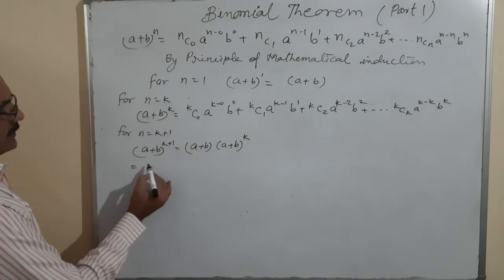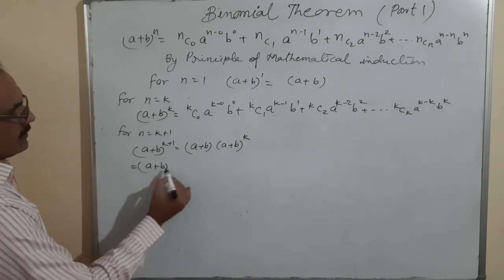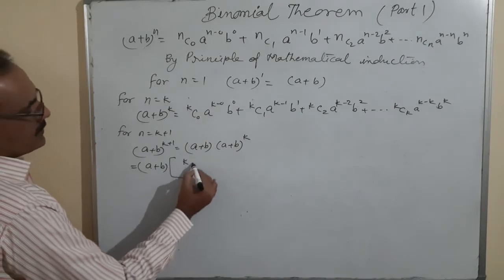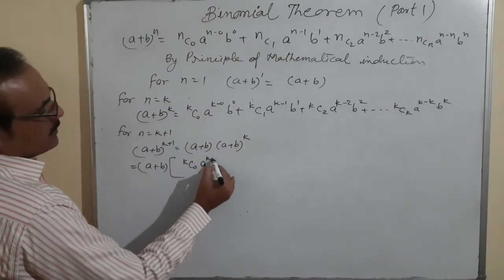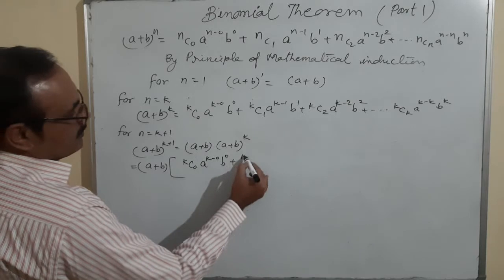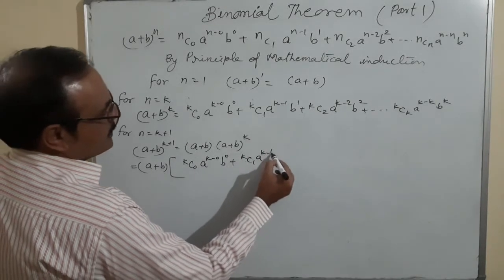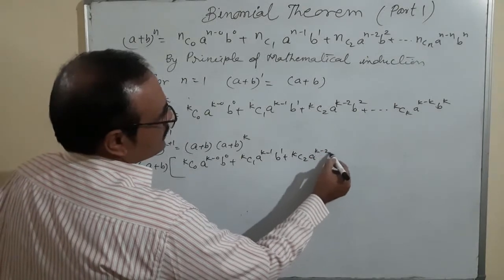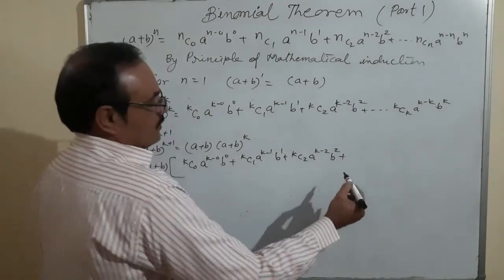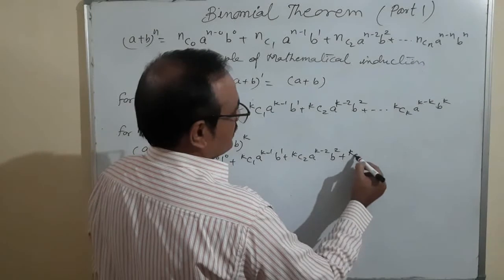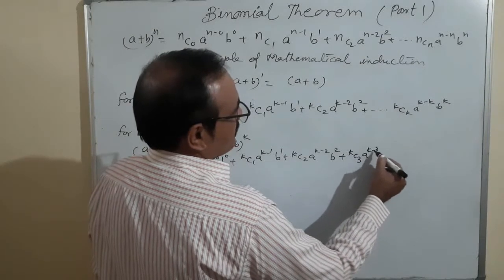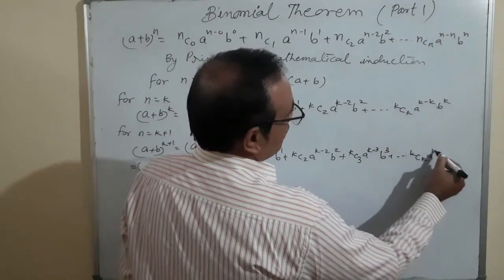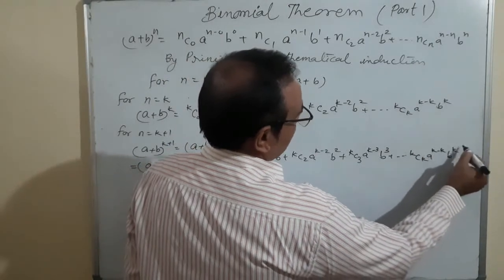Now after that, (a + b) as it is, and (a + b) to the power k is kC0 a to the power k minus 0 b to the power 0, plus kC1 a to the power k minus 1 b to the power 1, plus kC2 a to the power k minus 2 b to the power 2, plus one more, kC3 a to the power k minus 3 b to the power 3, and plus kCk a to the power k minus k b to the power k.